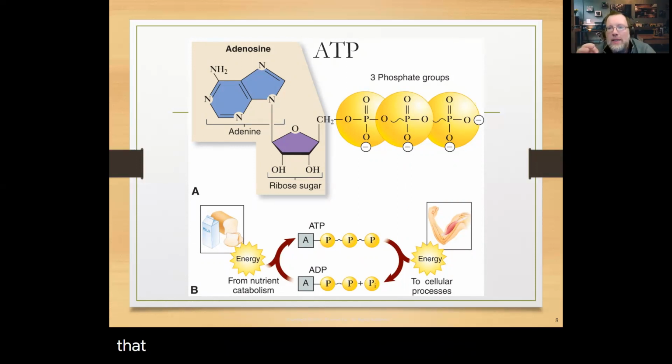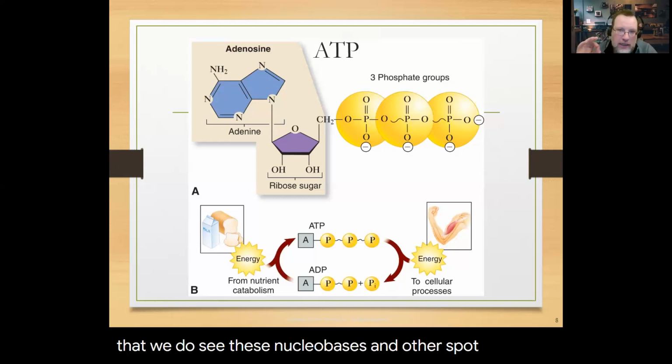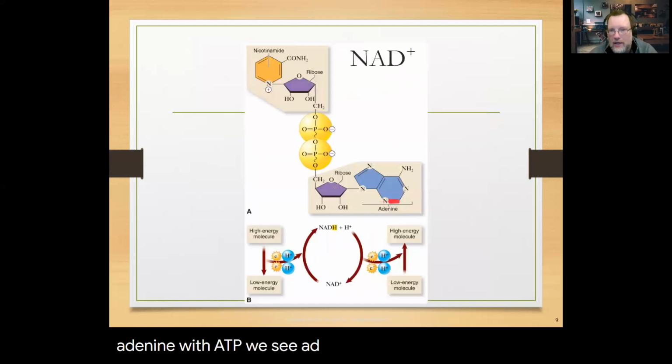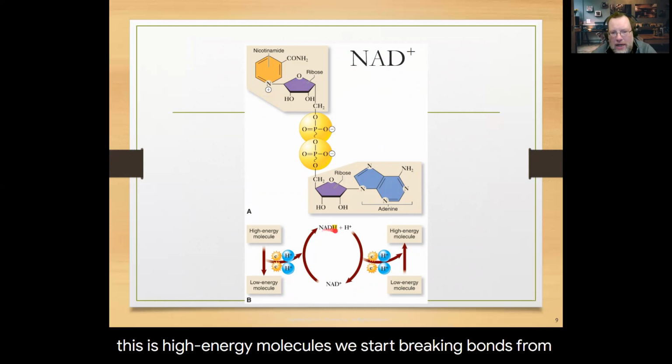But the point of these next couple slides is really just to show you that we do see these nucleobases in other spots. We see adenine with ATP. We see adenine again with NAD plus. Again, these are high energy molecules. We start breaking bonds from NADH.